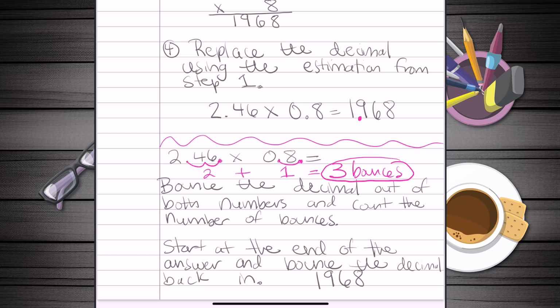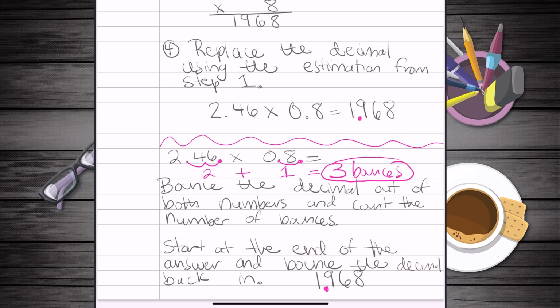We're going to put the decimal point at the end, after the 8, and then we're going to bounce it to the left 3 times. 1, 2, 3. And then the decimal point is going to go between the 1 and the 9, just like in our original answer.